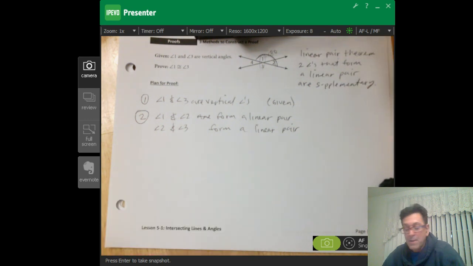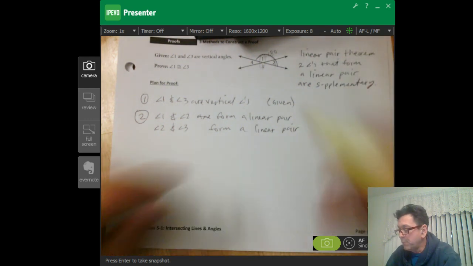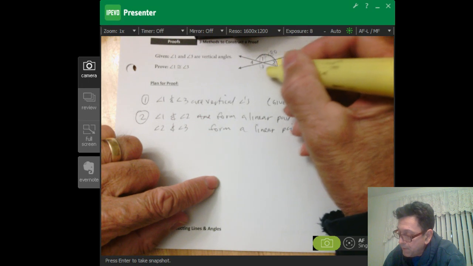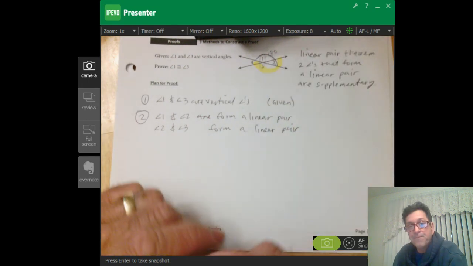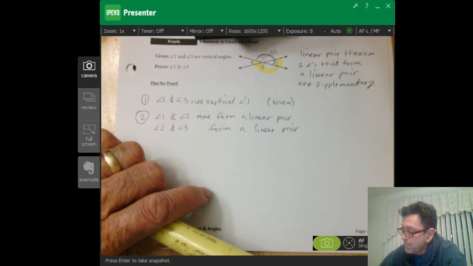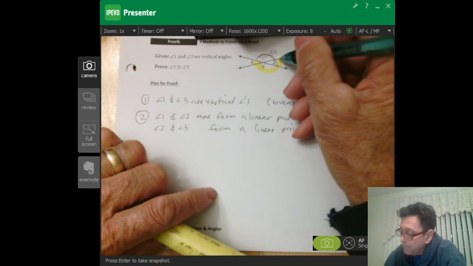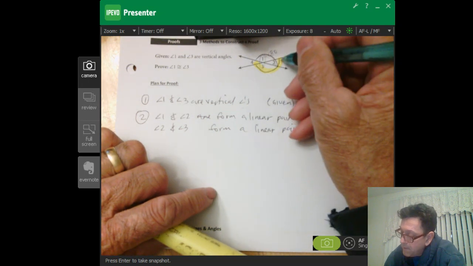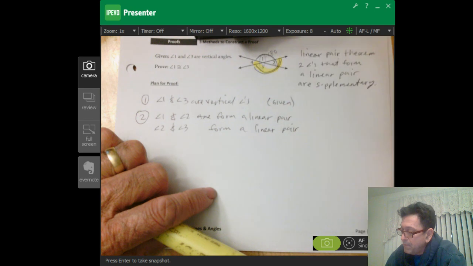That's 180 degrees. Now, also notice that if we continue on around like this, on that side, we have angle 2 and angle 3.